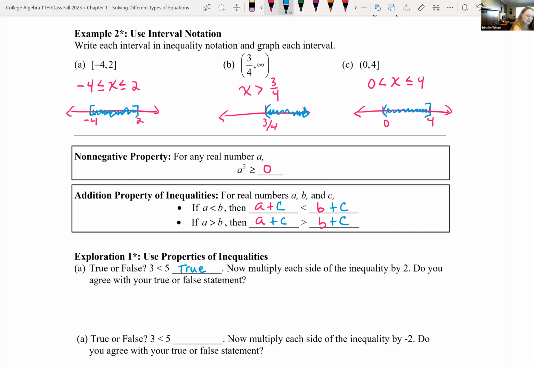Well, if I look at this inequality, 3 is less than 5, and I multiply both sides of my inequality by 2, I get 2 times 3 is 6, is less than 5 times 2, which is 10. So multiplying by this positive number 2, my inequality remains a true statement. So this is still true.